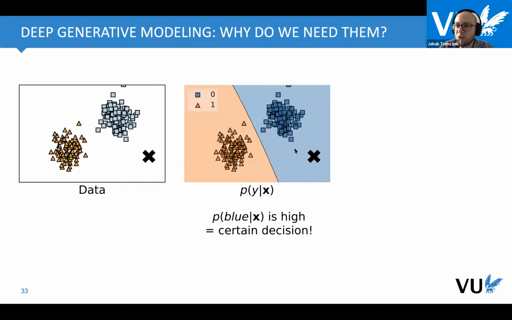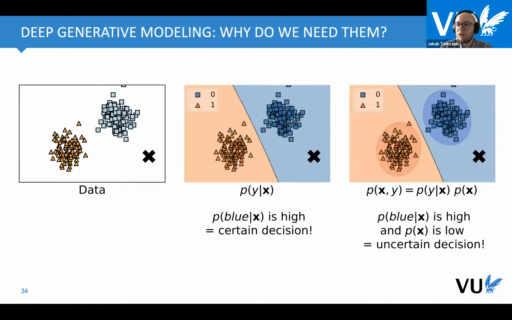But this is not necessarily true, because we should also calculate the probability of observing X in this space. As you can see, this X is far away from the orange cluster, but also far away from the blue cluster. So the probability of observing this X is actually very, very low.